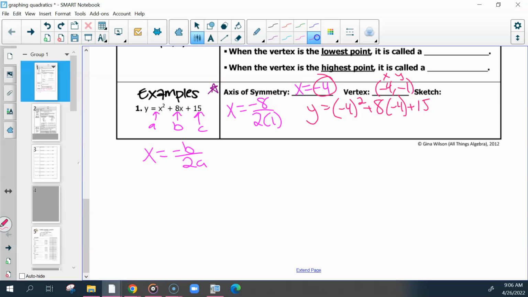For your rough sketch, this is to help you determine, is it facing up, is it facing down? Where would it start? So you could draw in x and y axes, and draw in this vertex. You can make that as small or as big as you need to. So -4, -1.